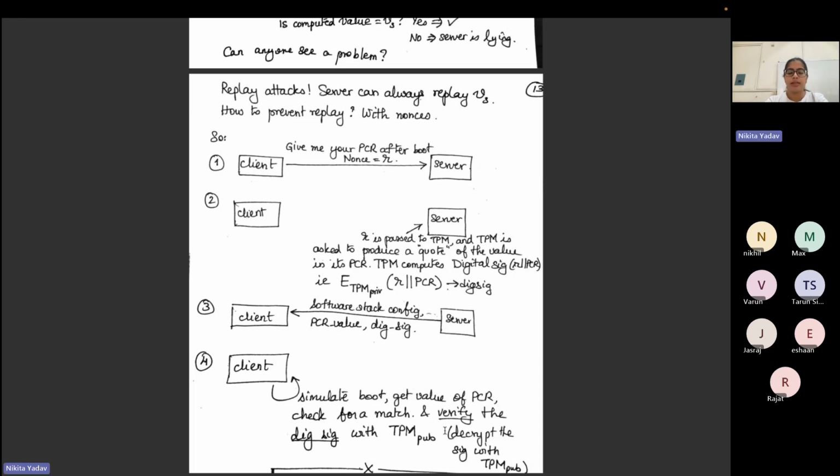And there is nothing here which will stop the server from doing that, because the secure boot attestation was only attesting that your server is going to start in the expected way, in the correct state. So this secure boot only gave you the guarantee that your server started in the correct way with the correct software stack.